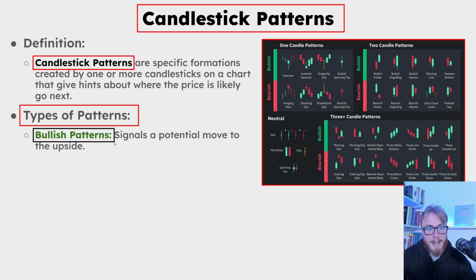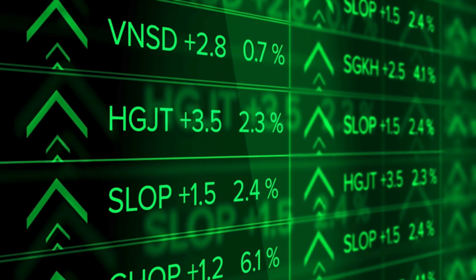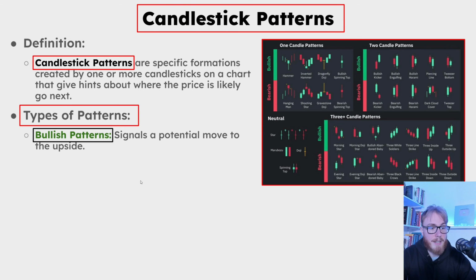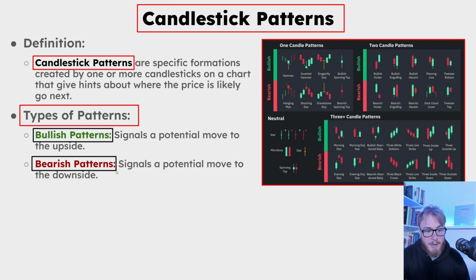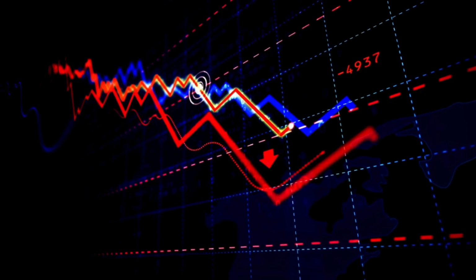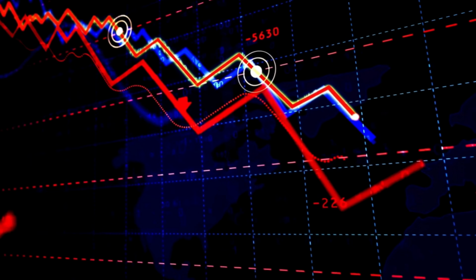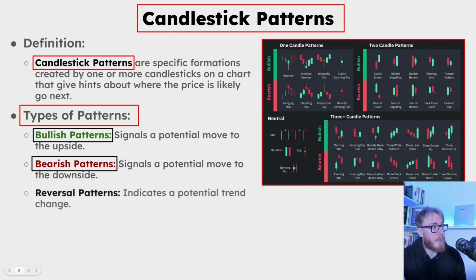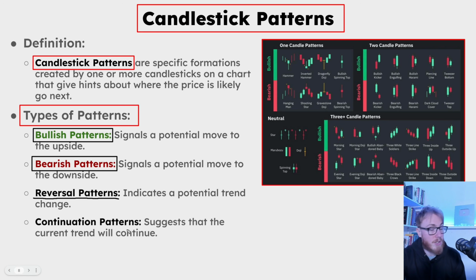And a bullish pattern basically signals a potential move to the upside. Then we also have bearish patterns. And this is of course the opposite. The bearish patterns signal a potential move to the downside. But patterns can also be either reversal patterns, which means that they indicate a potential trend change, or they can be something called continuation patterns.